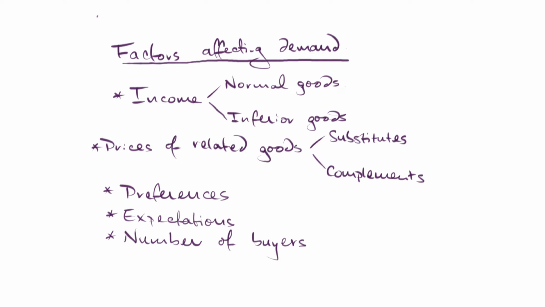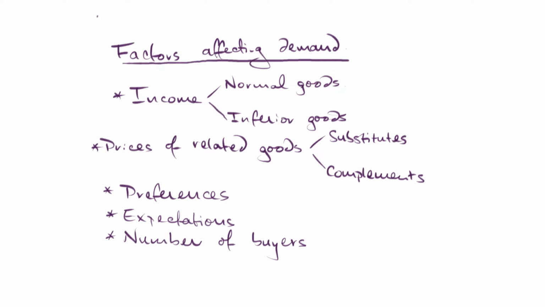Another example of an inferior good might be a used car. As our incomes go up, our demand for used cars goes down because we can afford to buy a nice new car instead. So usually inferior goods are lower quality alternatives to a different good. Ramen noodles are a lower quality alternative to real food. A used car is a lower quality alternative to a new car.